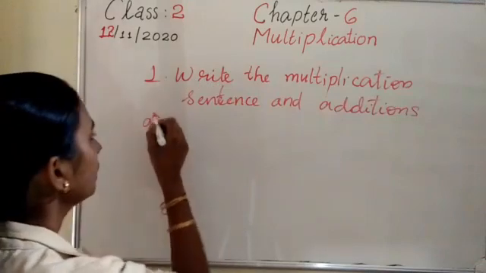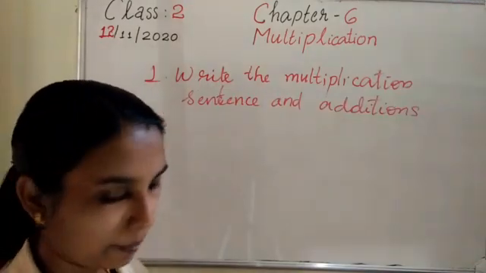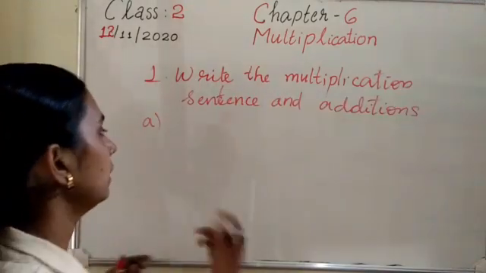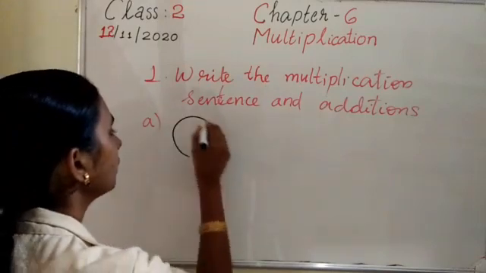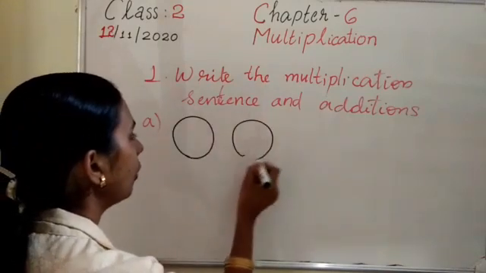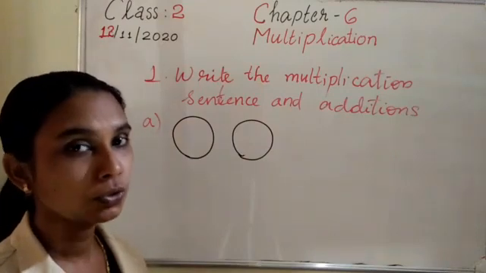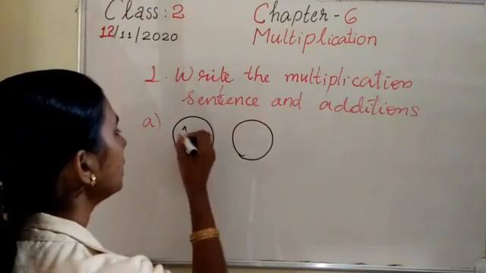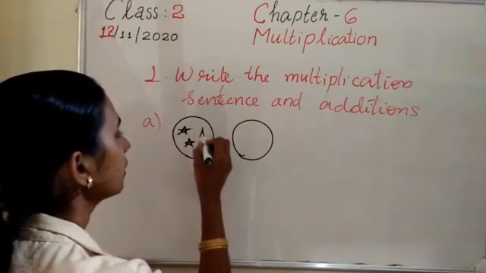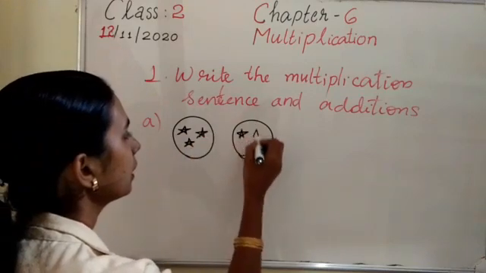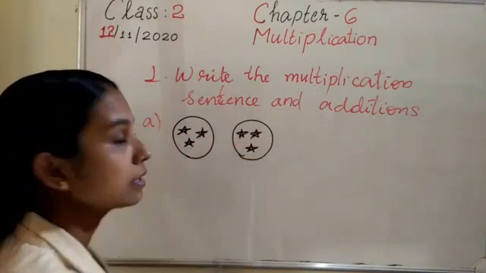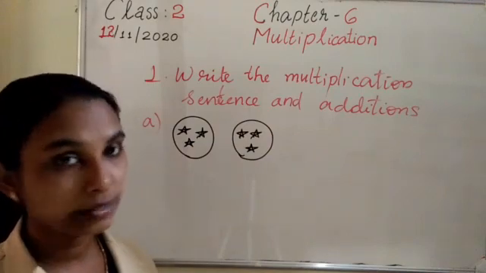First question given in groups. Here, how many groups are there now? 2 groups. And each has how many stars? 3 stars.